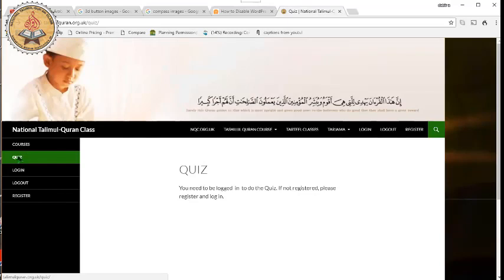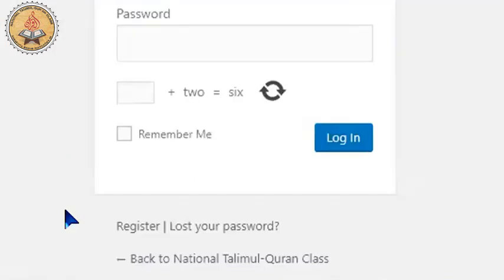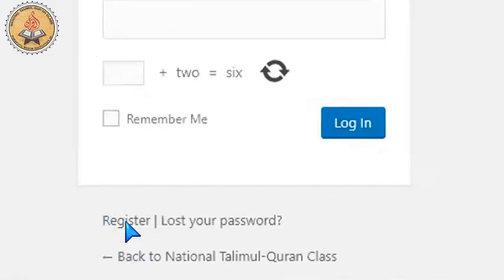The reason we want the registration for the quizzes is so that there is a leaderboard, so we know who is coming up and who is number 1, and also so that you can keep track of your own progress. In case you have registered already and forgotten your password, at the bottom of the login page there is a lost your password link.